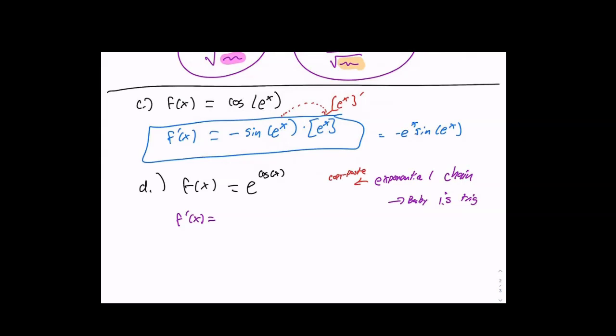Since it's exponential at its heart, it's the copy paste. So would it be e to the power of cosine of x times the derivative of cosine of x, negative sine of x? Yep. Copy and paste what I saw, times the derivative of the baby.